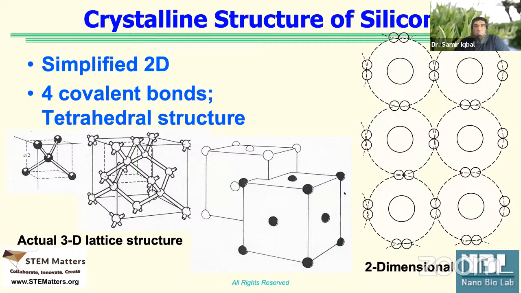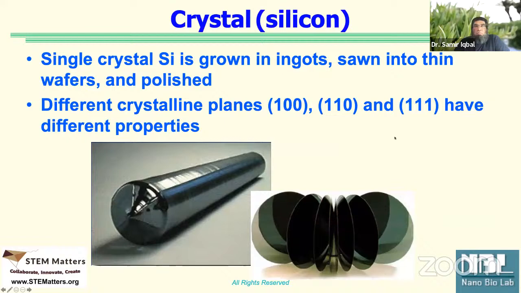Without going into how we get these numbers, just think that each of these sets of 3 digits signifies different planes of that cube. And different planes would have different atoms in them, which would result in different electrical, electronic, optical, and mechanical properties. All right, so far so good.